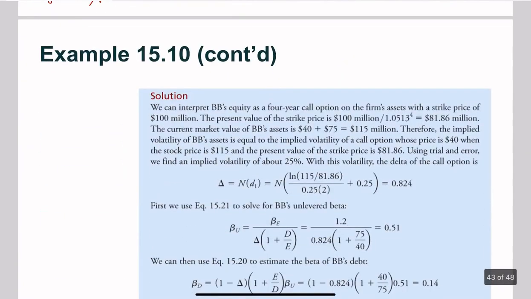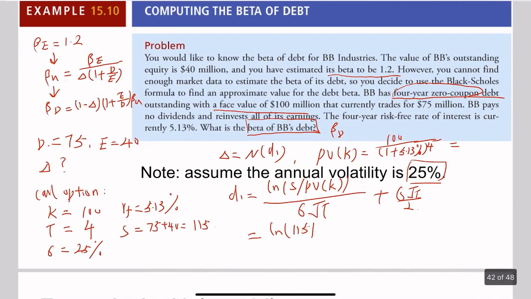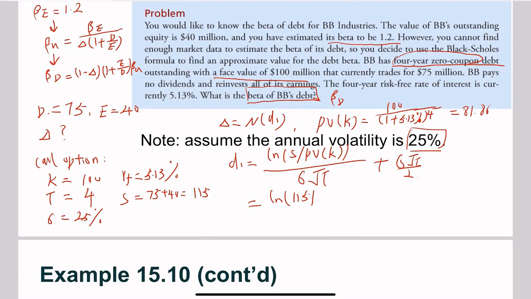So this should give us the number 81.86. Right, so we have 81.86.